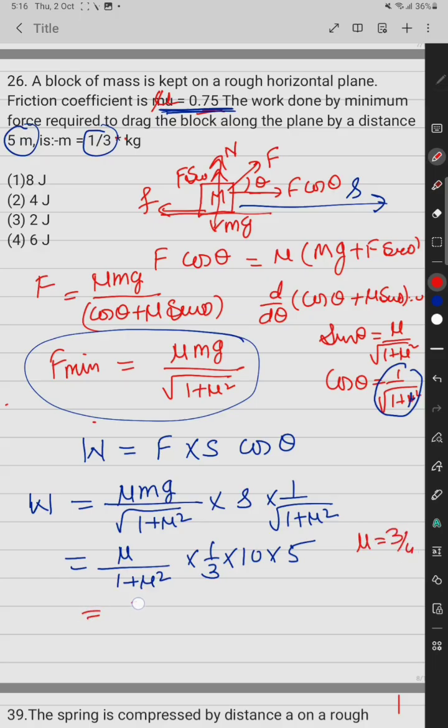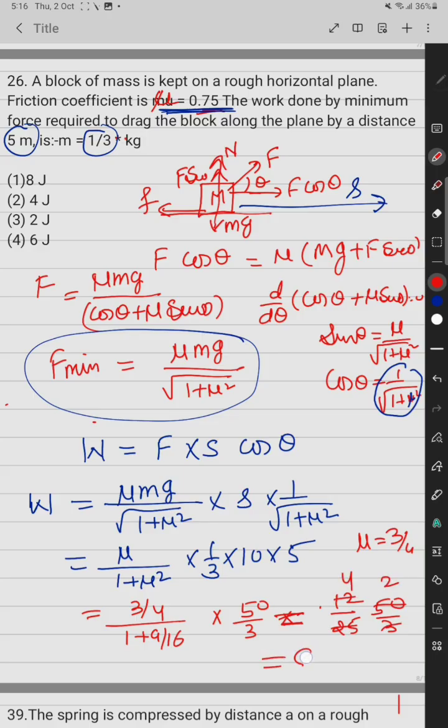If you put the value, 3 by 4 divided by 1 plus 9 by 16, and that is 50 by 3, then it is multiplied by 50 by 3 multiplied by, this term becomes 25 by 16, means 12. So it is 25, 2 and 3, 4. So the work done equal to 8 joule. Therefore the correct option is the first one.